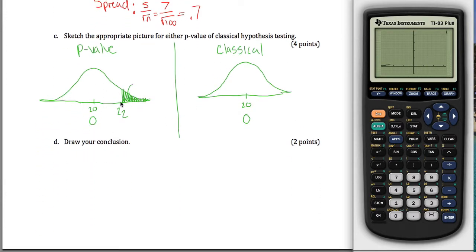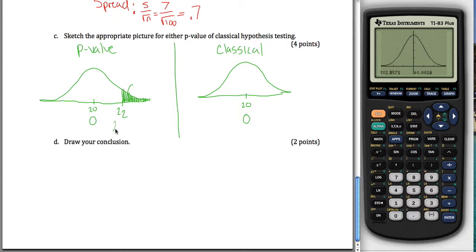I'll do draw because it'll actually show me this picture right here. It goes kind of slow, but it's sketching this approximately normal distribution. And then it will tell me t equals something. That's my test statistic that will go down here. In this case, t equals 2.86. And then it'll tell me my p-value, 0.0026. Very small p-value.